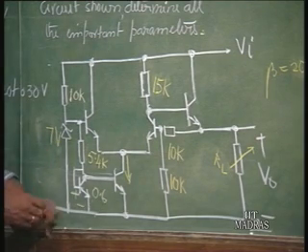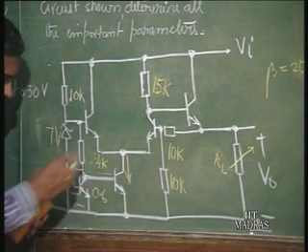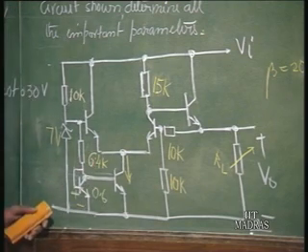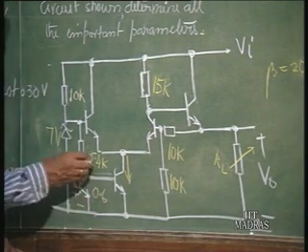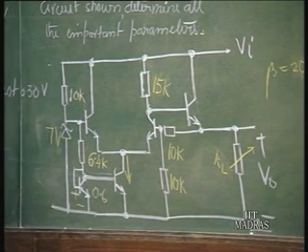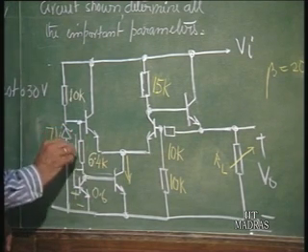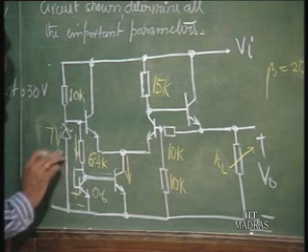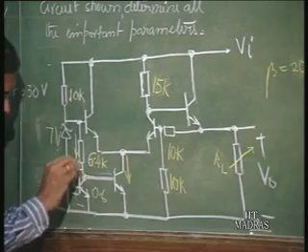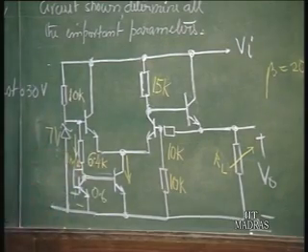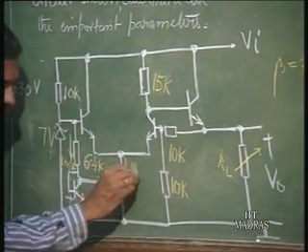We will change this resistance suitably so that our current is some round number, otherwise we have to use a calculator. 7 volts minus 0.6 is 6.4 volts, and across 6.4 K we have 1 milliampere drawn here. This 1 milliampere is a constant current that is going to be drawn, and therefore, this is going to be 1 milliampere.